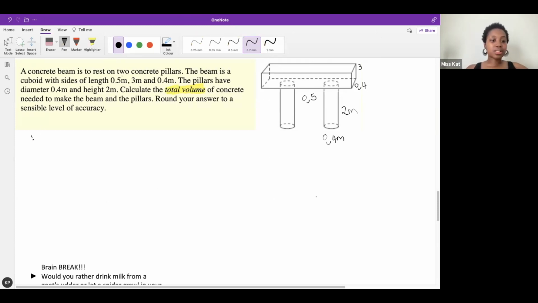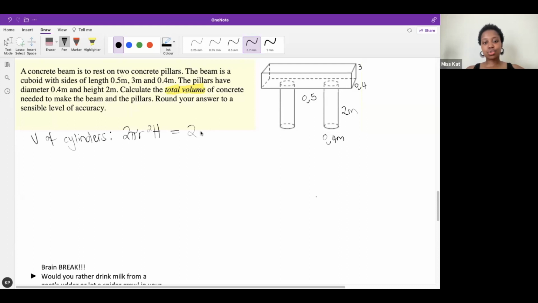Volume of cylinders is pi r squared h. Okay, 2 pi r squared times h. And why did we say 2? Because there are two pillars, two of them.